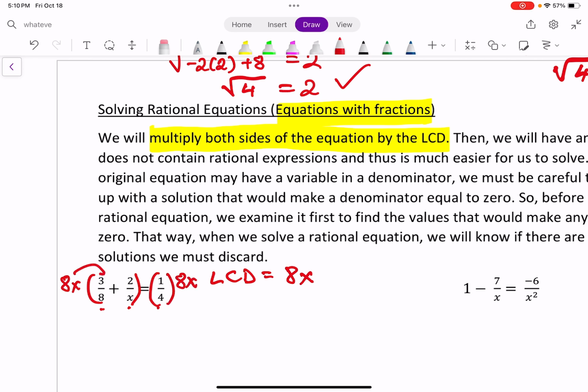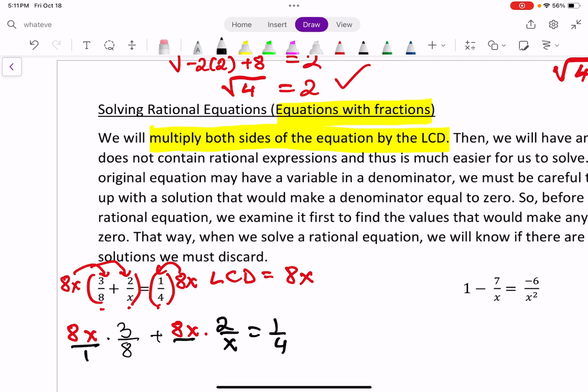Now what I mean by both sides, I mean every single term on both sides. So I can even write this out next to each one of these fractions. And the reason why I put the 8x higher up is because it's over 1. So if that helps, you may write it. In other words, it's 8x over 1, 8x over 1.